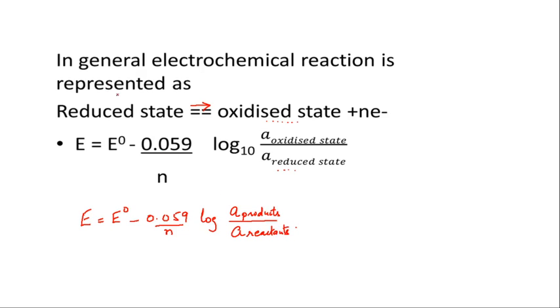Okay, so here these are your reactants and the oxidized state is your products. So using this you can write for any cell, you can write for any electrode also.